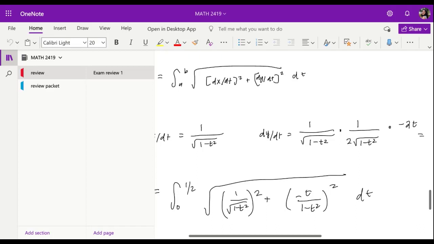And so now we can simplify a little bit by multiplying out the square roots. So let's do that. Integral from 0 to 1/2 of the square root of 1 over 1 minus t squared plus t squared over 1 minus t squared, squared, still.